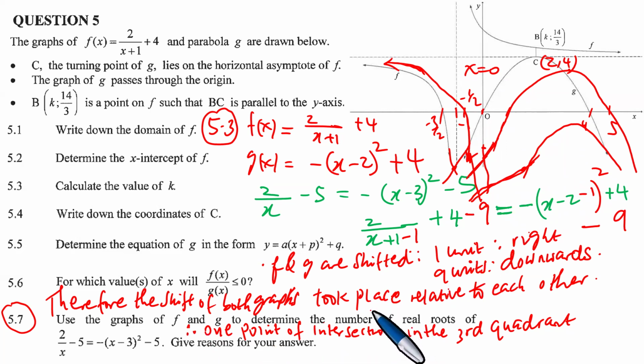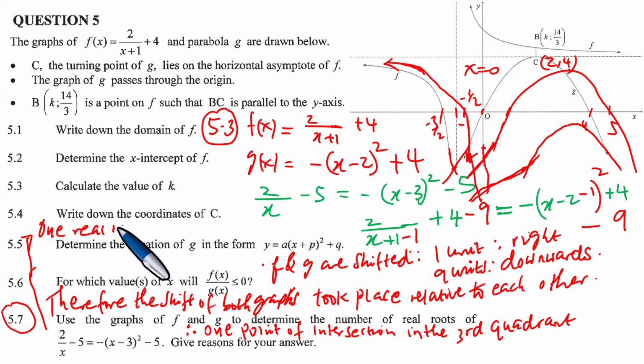What is the final conclusion then? So 1 point of intersection in the third quadrant allows us to make the following conclusion, and write it here: because we use the graphs to determine the number of real roots, there is one real root.